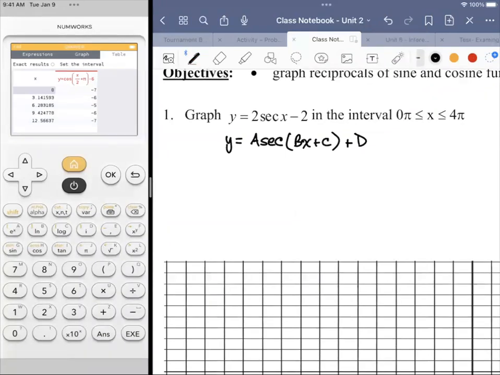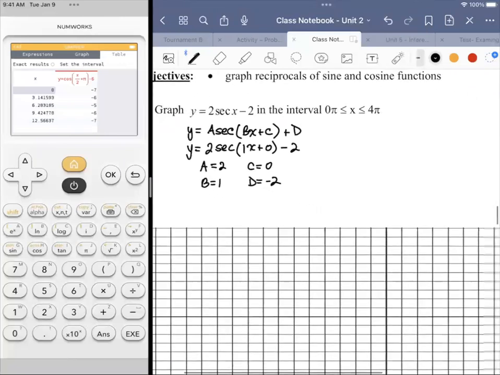If I match this up to secant of 1x plus 0, minus 2, the a value is 2, the b value is 1, the c value is 0, and the d value is -2. So we're going to do the same thing.